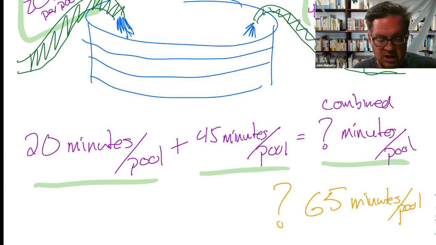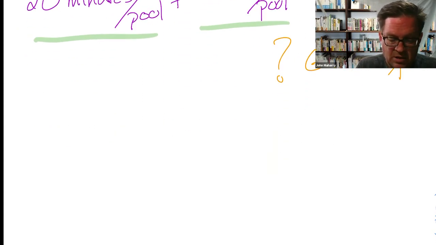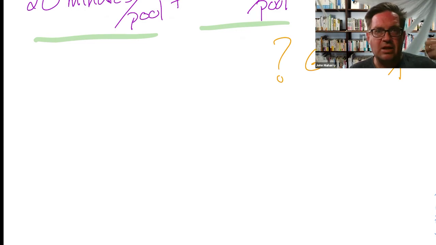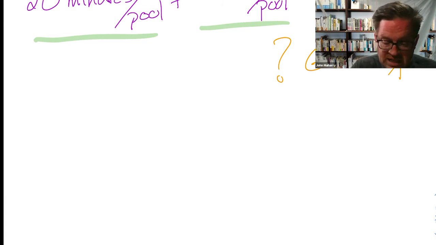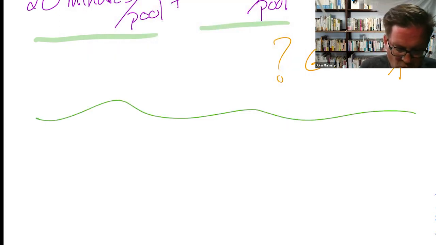Here's the key to think about that. You can't add minutes when two things are working together. It should decrease the number of minutes, shouldn't add the number of minutes. So in this case, if you flip it over and think about it as it fills 1/20th of the pool every minute.